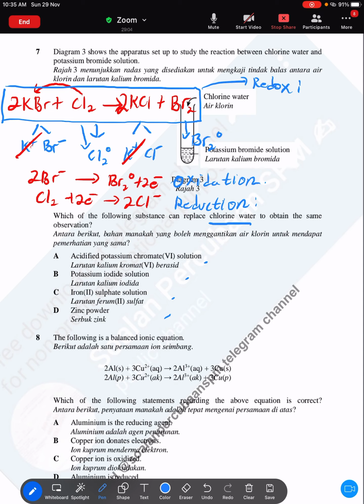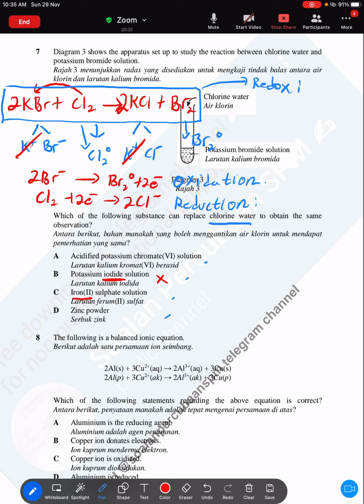Hello students, which one? Okay, let me tell you. Look at B first. If you choose iodine, do you think iodine is strong enough to displace the bromine? No, so the answer is wrong.